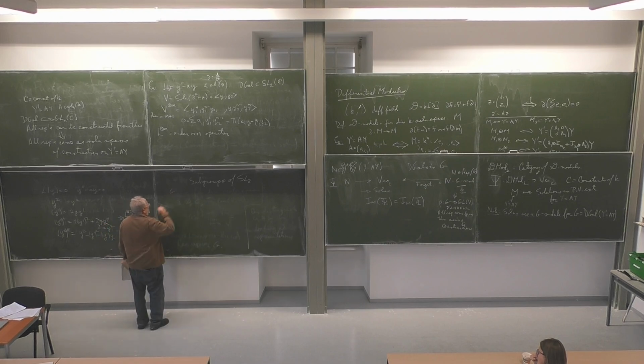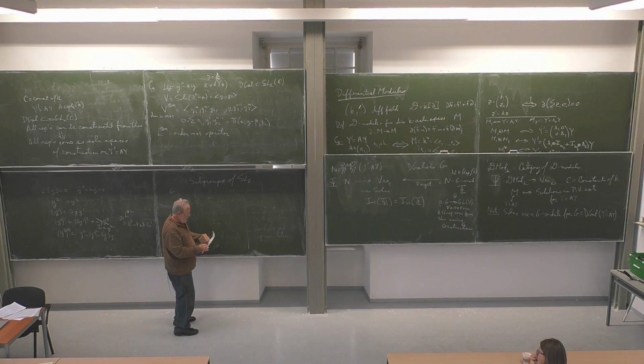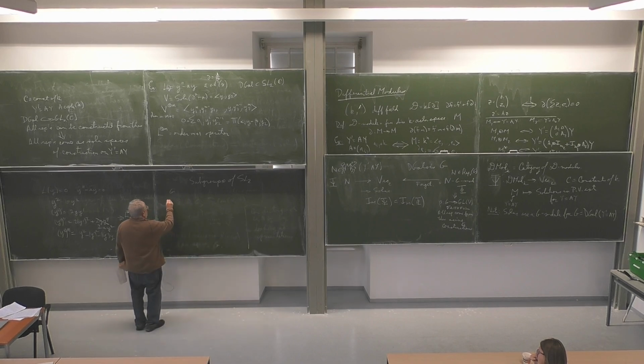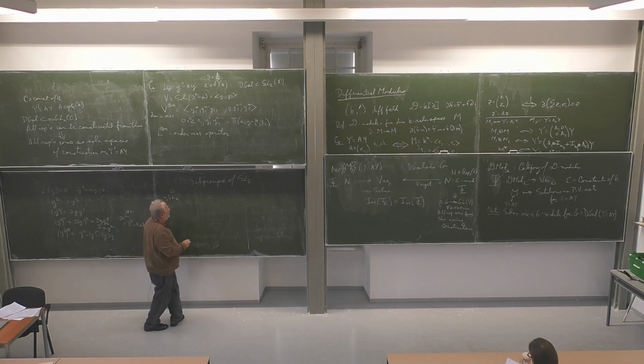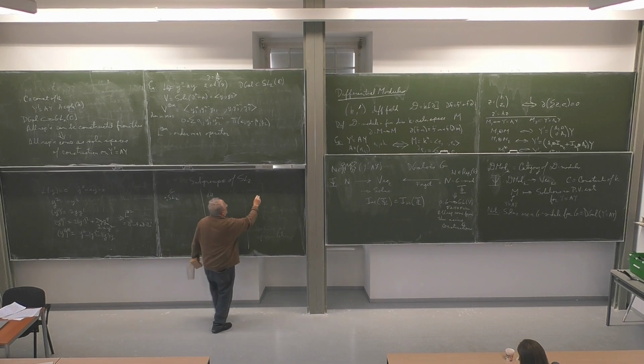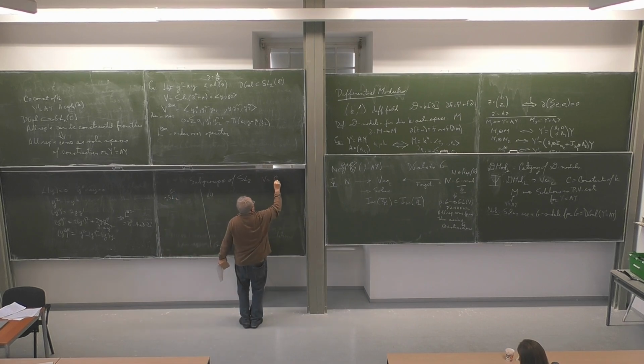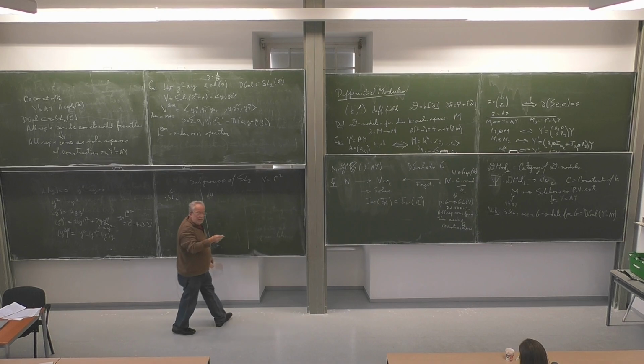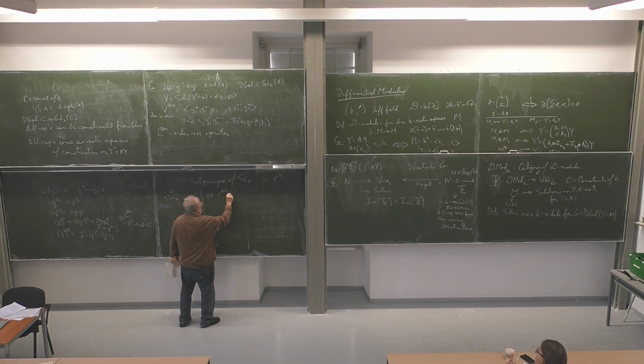Here we have G. Well, you have SL2. And here, for SL2, V is going to be, I'm representing it as 2 by 2 matrices. All symmetric powers are irreducible. We know that.